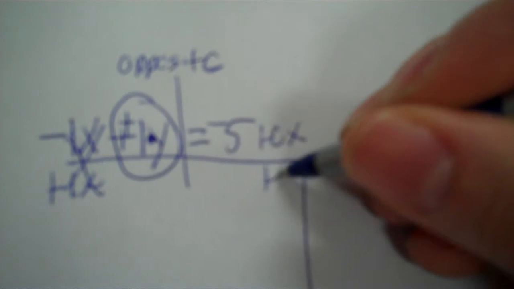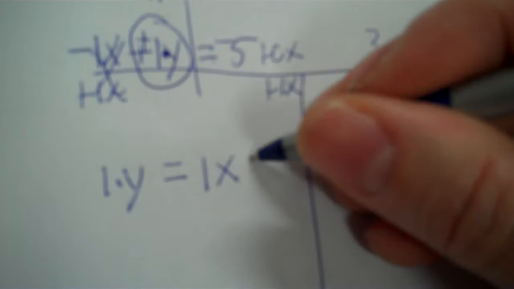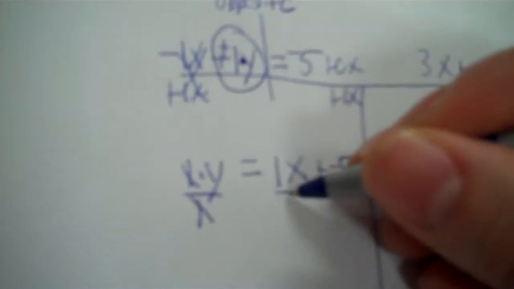I take out the negative 1x by adding 1x, and then I make a 0x and add 1x there. Now we line up our equals and we drop the 1 times y term. Now I put x down, 0 plus 1 is 1, then plus negative 5. Then I divide everything by 1. That's going to be 1x. Remember, if it's a decimal, you leave it, and then plus negative 5.